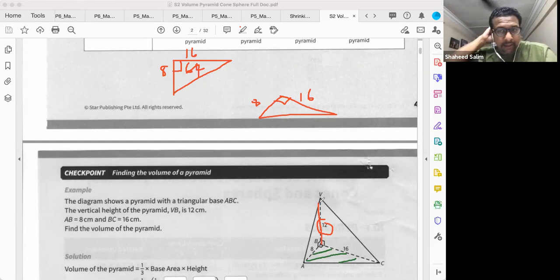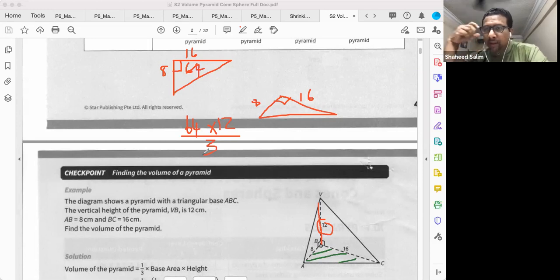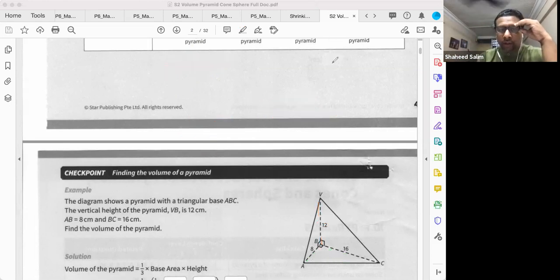You must divide by 3, and then you get 256. So you take the area, which is 64, times 12, and the answer must be divided by 3. 256. All okay? Ryan? You sure not, Ryan? Yes, okay. So we are moving on.